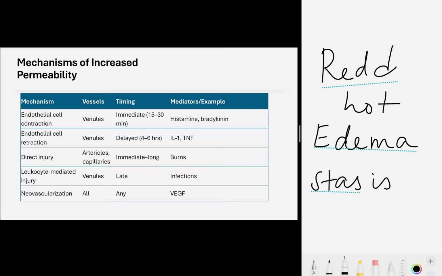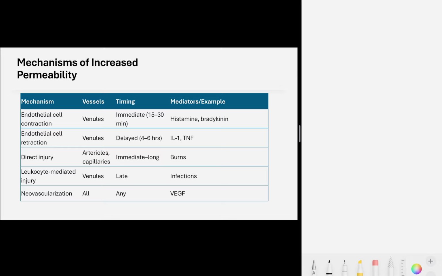Increased permeability of blood vessels is a crucial event that enables immune cells and proteins to leave circulation. There are several mechanisms. Endothelial cell contraction, especially in venules, occurs immediately after injury and is mediated by histamine and bradykinin. Endothelial retraction, which is delayed for several hours, is driven by cytokines like interleukin-1 and tumor necrosis factor.